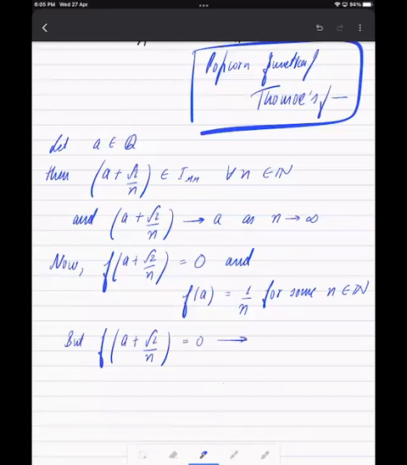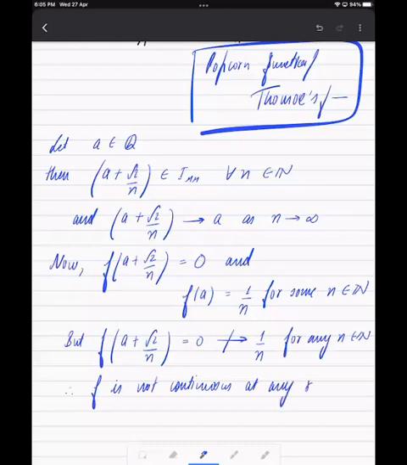It does not converge to 1 by n for any n belonging to the naturals. Therefore, the function is not continuous at any rational point.